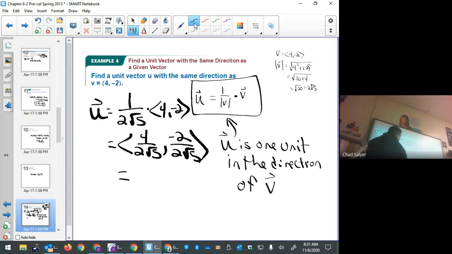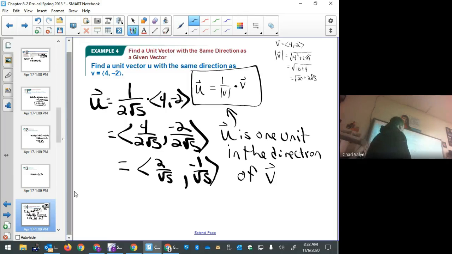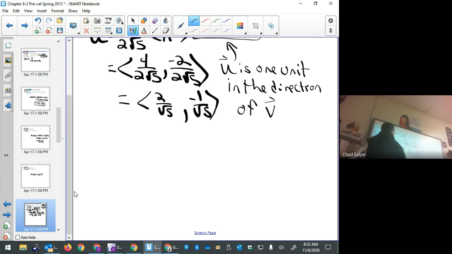And so that is 2 over the square root of 5, which we're going to rationalize, comma, -1 over the square root of 5. Almost done. One more step. We need to rationalize those denominators. Multiply top and bottom by square root 5.